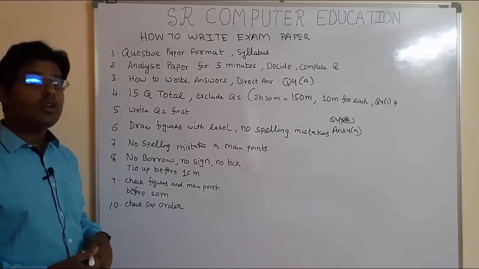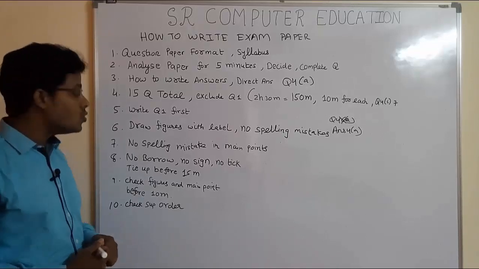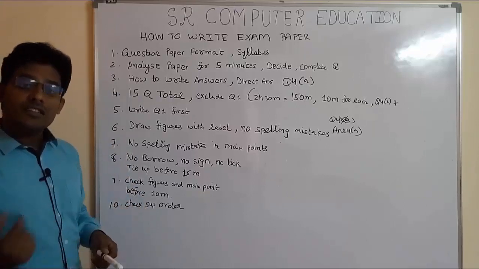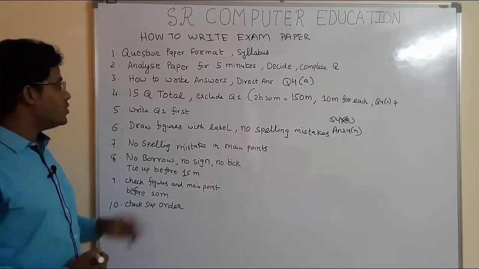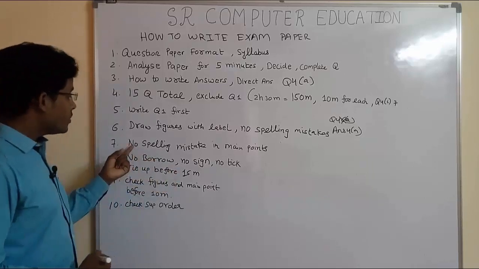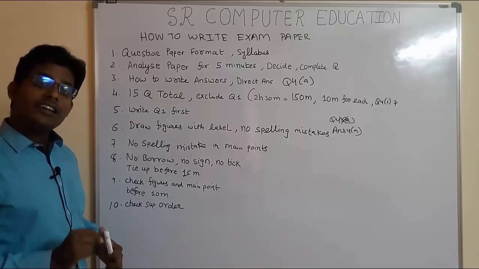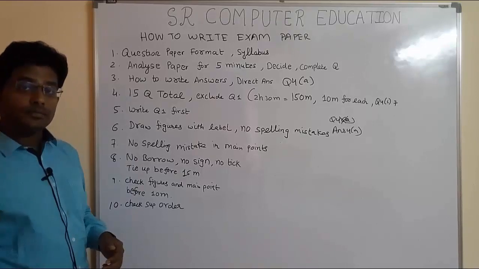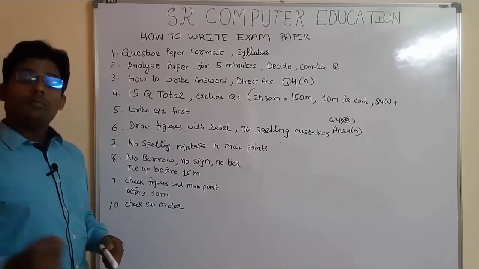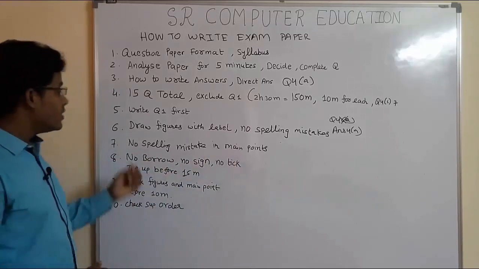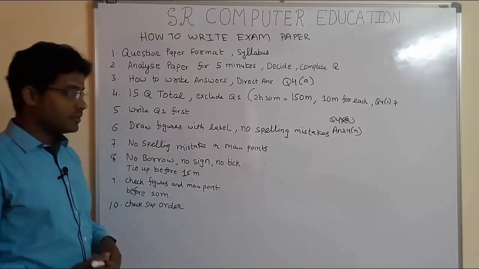So the examiner is not going to give you full marks or good marks for that question. While studying before the examination, you have to make sure you don't make any spelling mistake, so you can write it properly in the examination also. So for main points, do not make spelling mistakes.